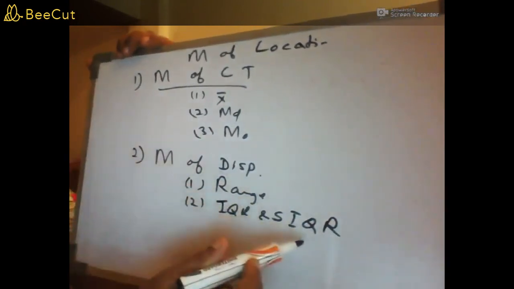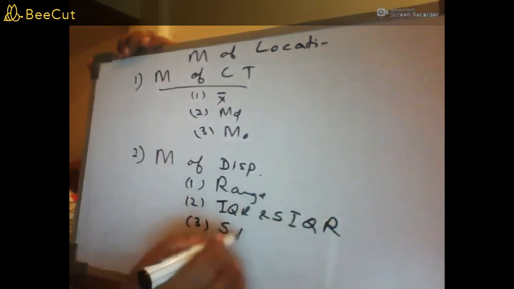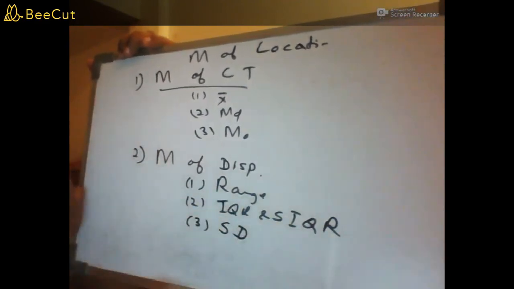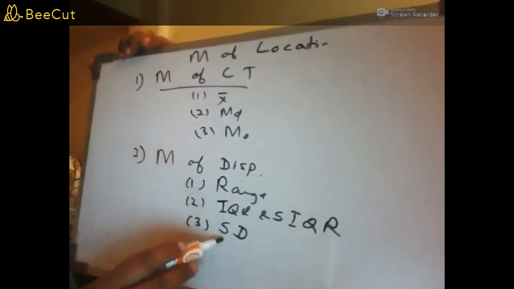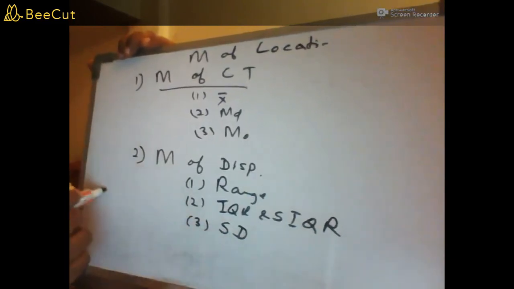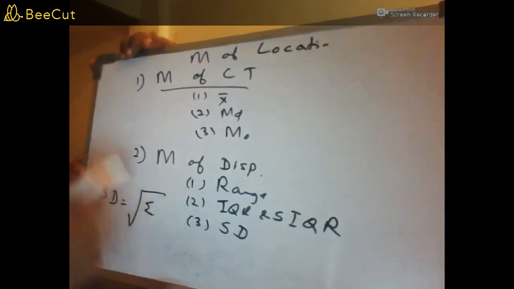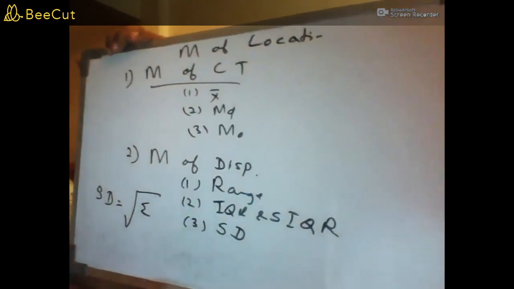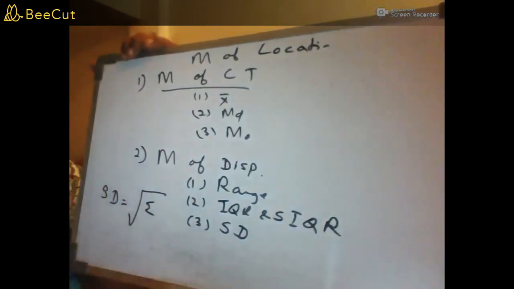Right, we did this one now. What's the third one? The standard deviation. For discrete data, individual data, there's a formula: standard deviation equals square root of summation. Where is it? Hold on.